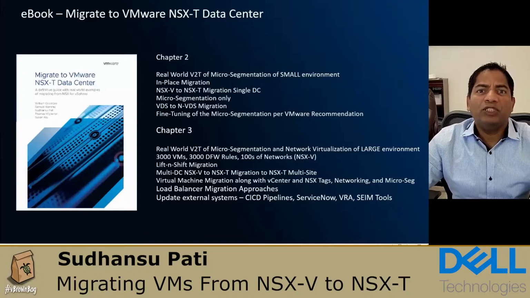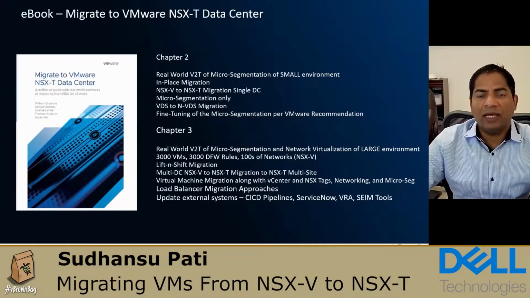When you are talking about V2T migrations, there are many complexities. We have released a book that's published by VMware, and I have authored 2 chapters that highlight real-life use cases of migration from NSX-V to T. Chapter 2 emphasizes a small environment where microsegmentation migration was done in place from NSX-V to NSX-T, and VDS to N-VDS conversion was done.